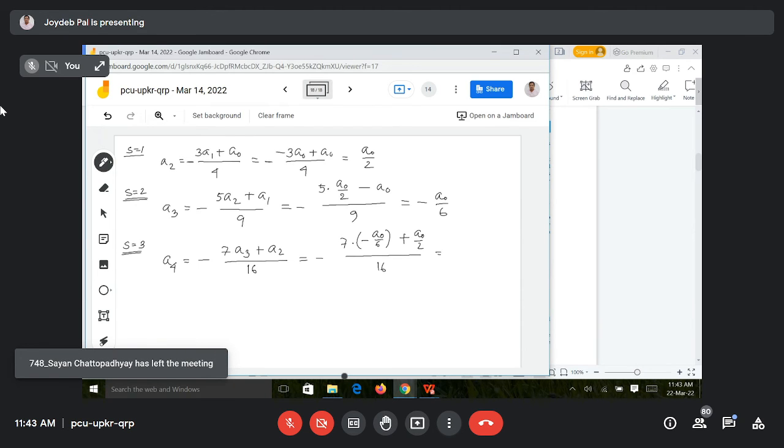Simplify it. So minus 7 a0 and plus 3. So minus 4 a0. Minus 4 a0 divided by 6. So it is minus a0 by 24, 1 by 16.